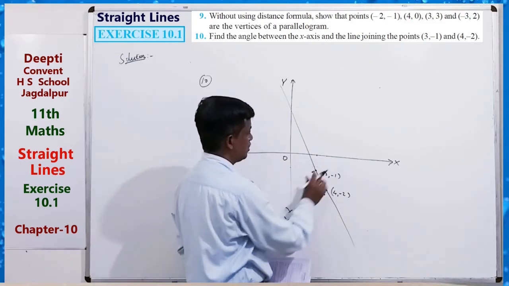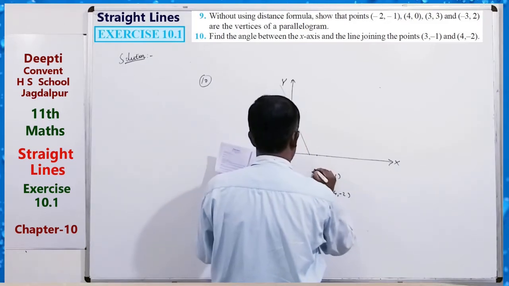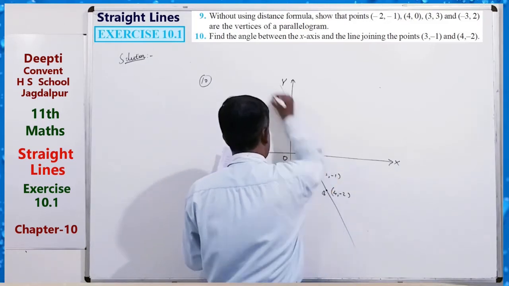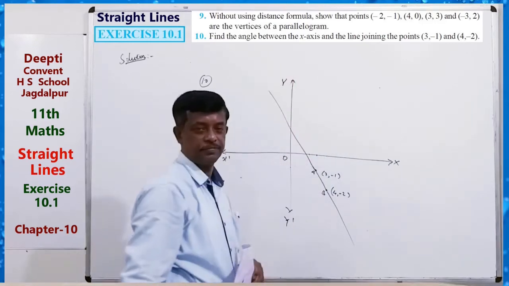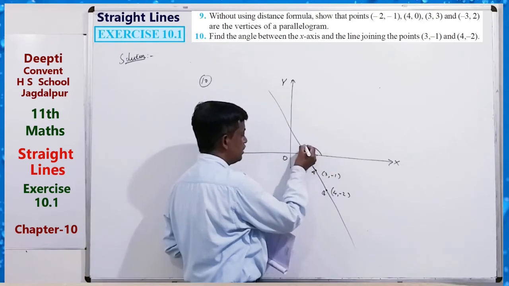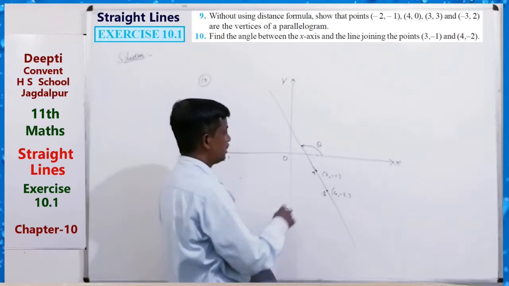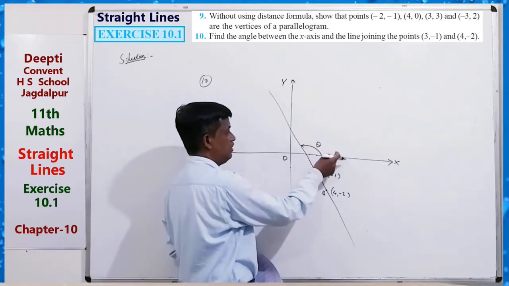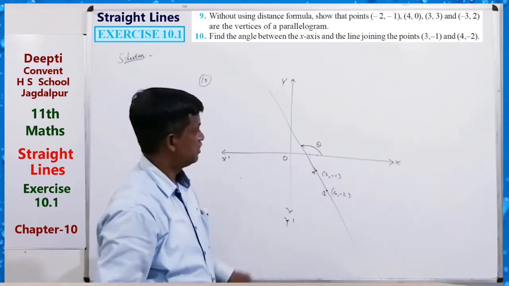This is the line AB, and we have to find the angle between the x-axis and this line. This is theta.